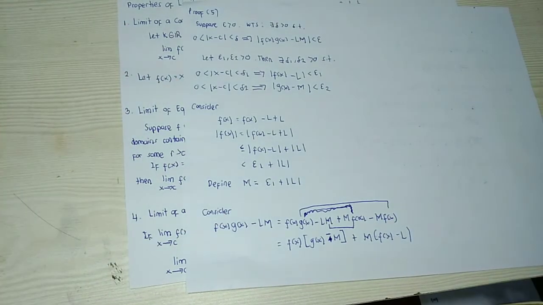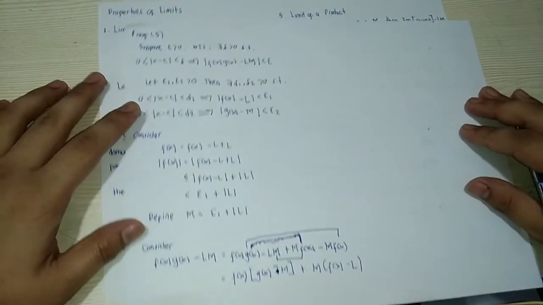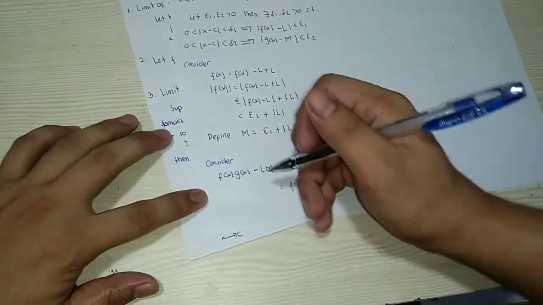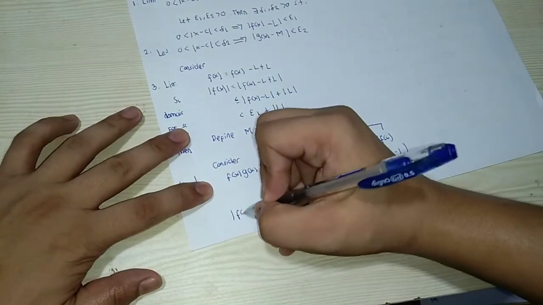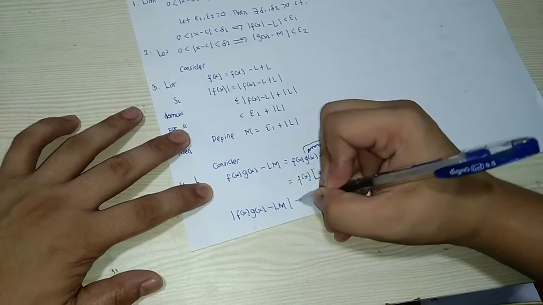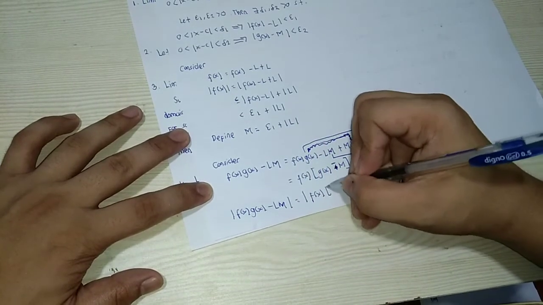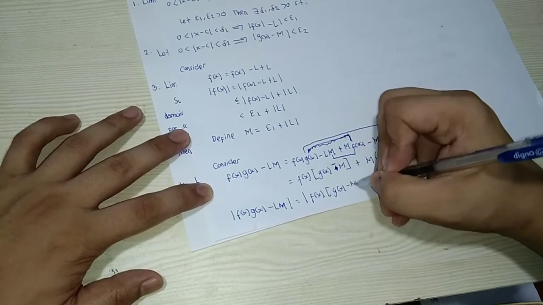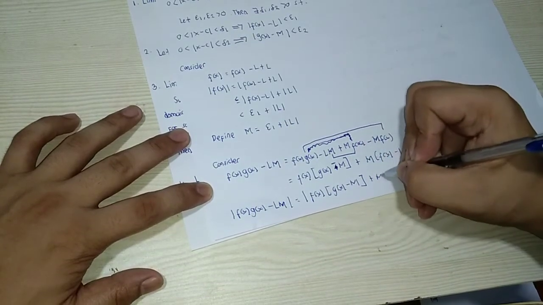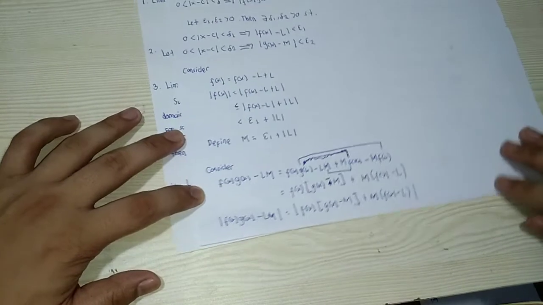And then, so ang next natin gawin, kunin natin yung absolute value ng both sides. Okay, so absolute value ng f of x, g of x minus Lm equals absolute value ng f of x, g of x minus m plus m f of x minus L. Okay.